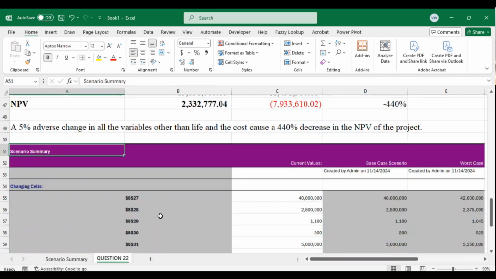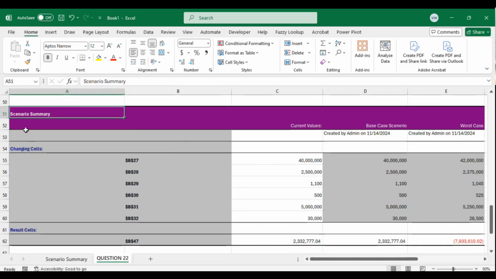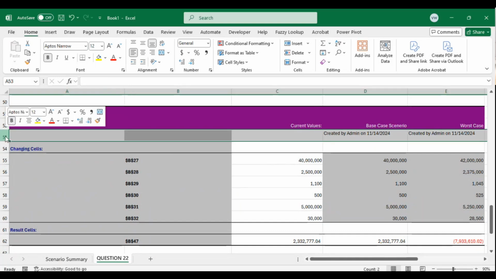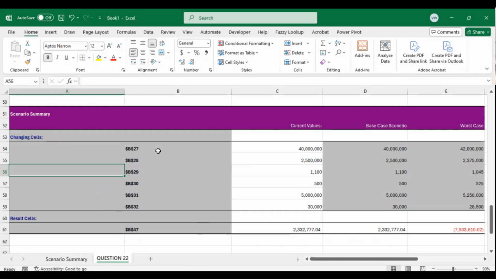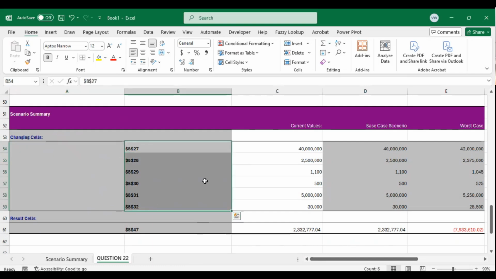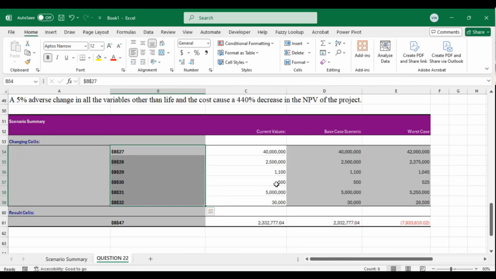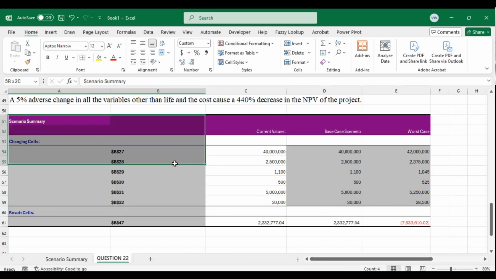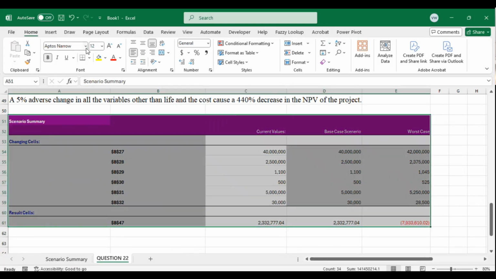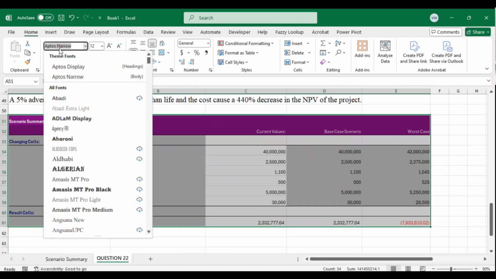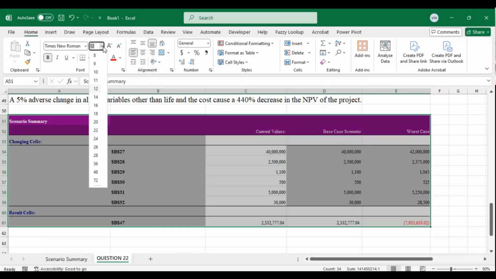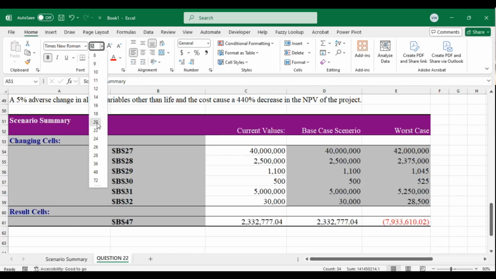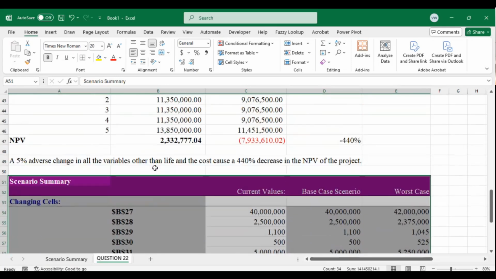So I think it looks okay. Let me just see what we can get rid of. There are some things we don't need, so we can delete that. We can also, let me see what can be moved. Okay, we can just increase the size of this, let's make it Times New Roman, and also have the same size, so you can have it at 20.